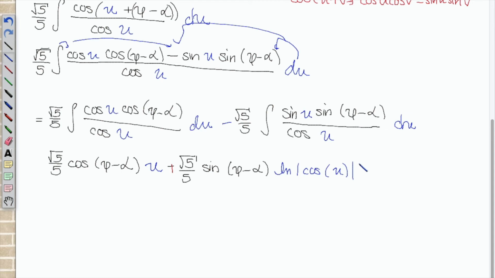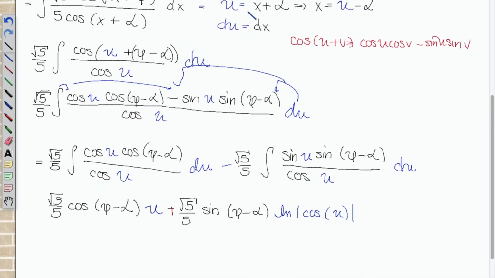Alright, from here, what do we know? We can use the properties of sine and cosine to simplify the phi minus alpha part. So let's do that. Recall cosine of phi minus alpha is the same equation: cosine, cosine, sine, sine, but the signs flip.